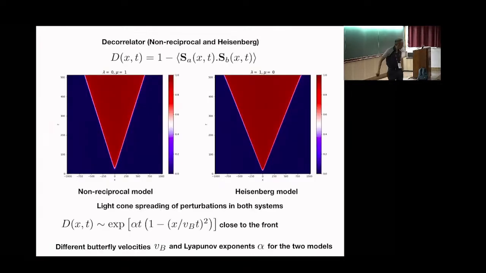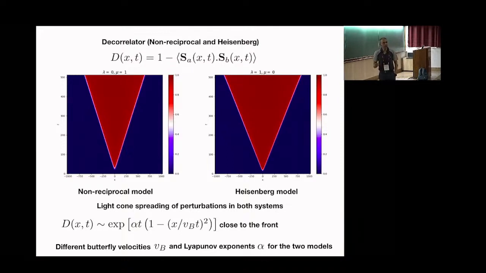Okay, so let me now come to the decorrelator. As I mentioned, the decorrelator is something which characterizes the spread of chaos in this system. You basically start the system out with two initial conditions which are very close to each other.